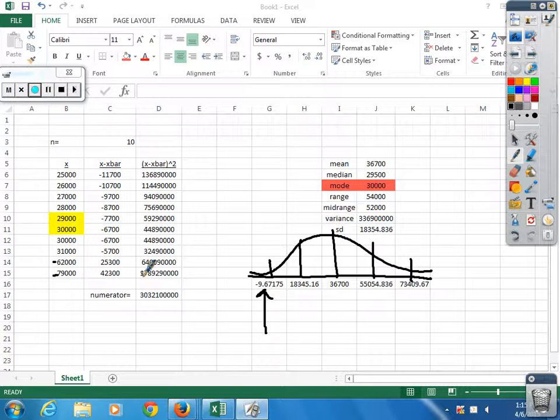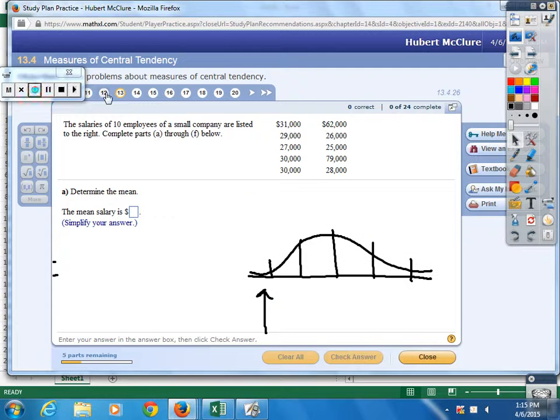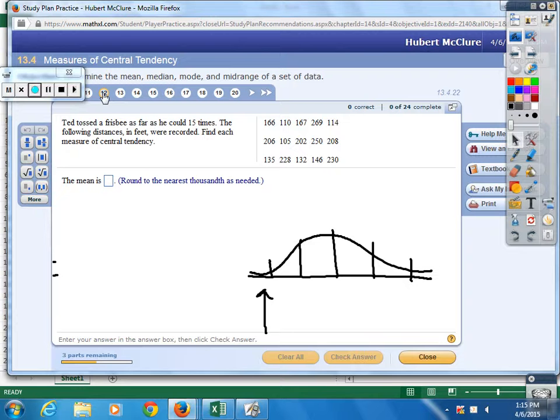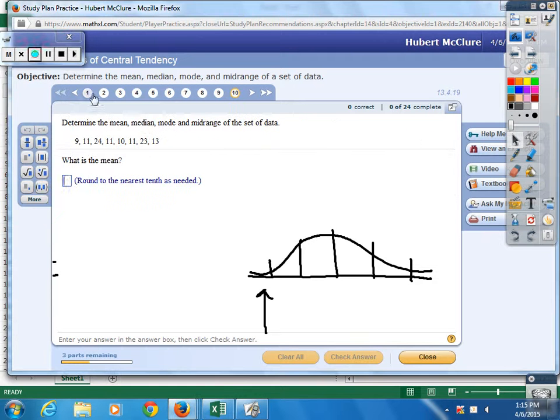So let's try another one. I'll get some smaller numbers and y'all can try this one. All right, let's try that one.